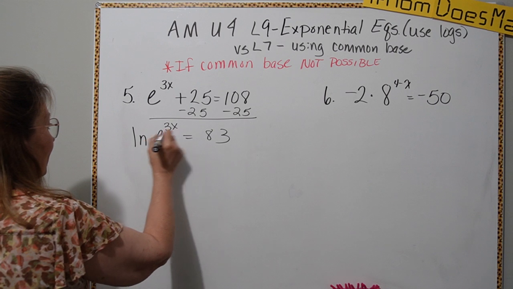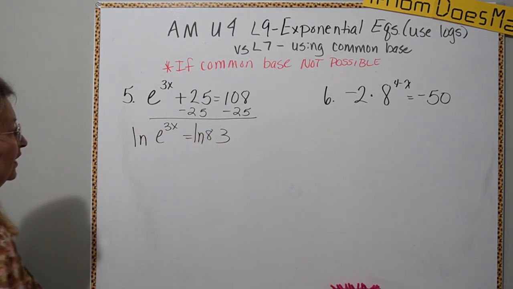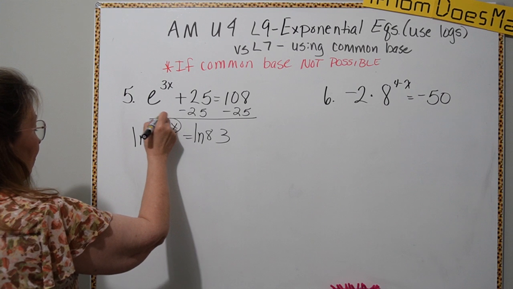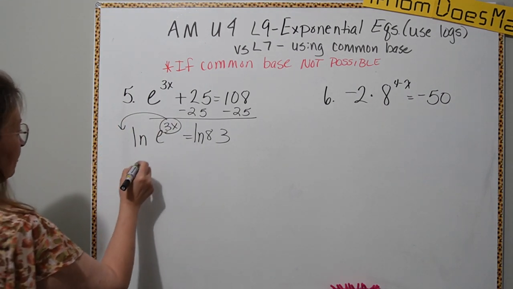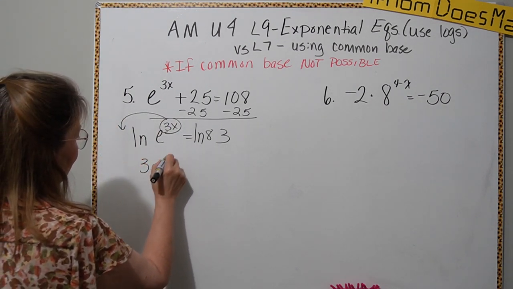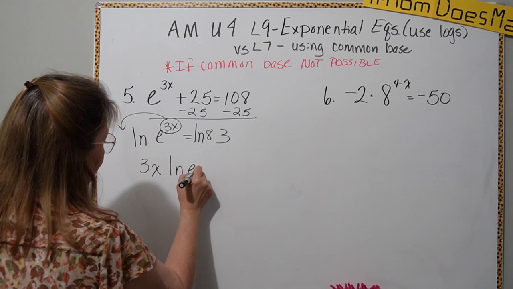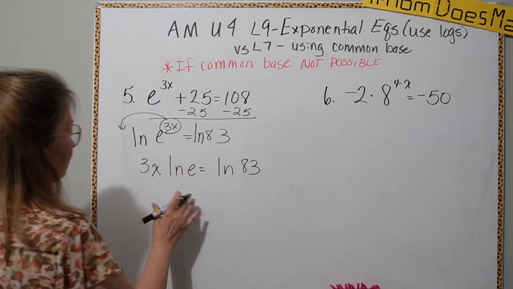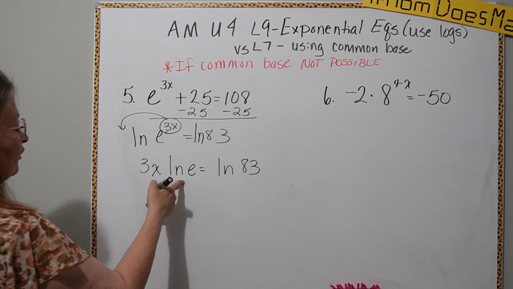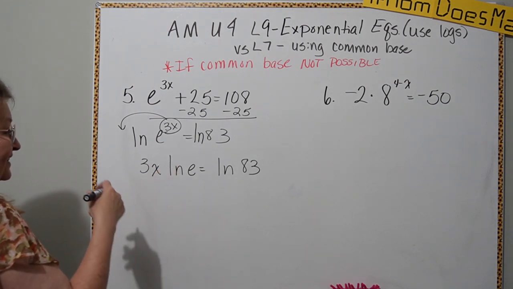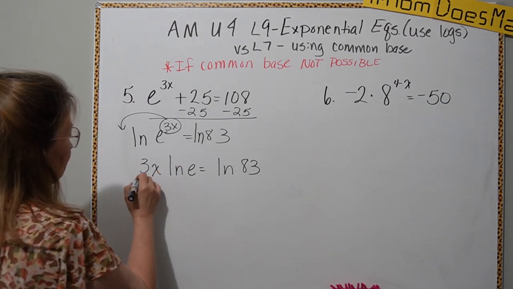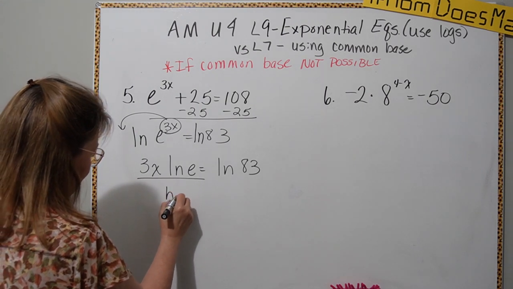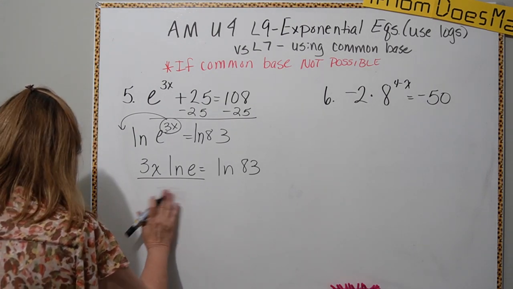All right, now we're ready to take the log, but remember, since we're dealing with base e this time, we're going to need to take the natural log of each side. All right, now I'm going to use my power property to whip that exponent around there. So I'm going to have 3x natural log of e is equal to the natural log of 83. And remember, you've got to start thinking of natural log e as a number, okay? So now I'm going to get rid of it by dividing both sides by natural log e.